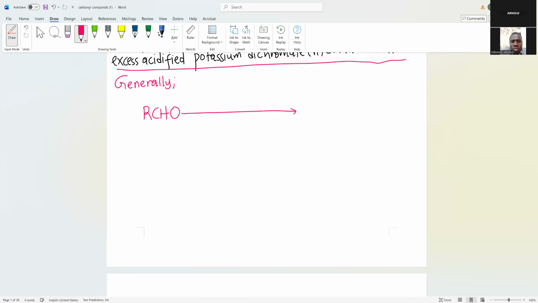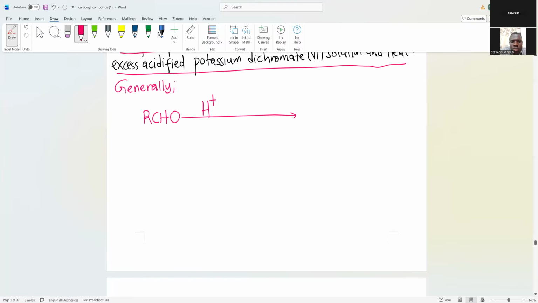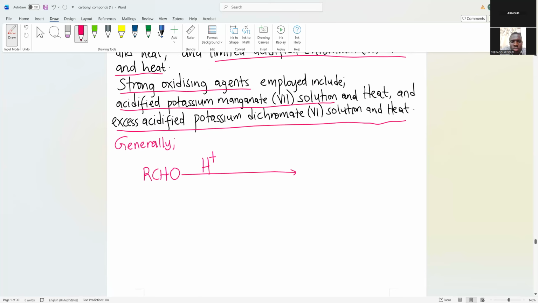These are the weak oxidizing agents I have highlighted, acidified. Now there is something which I need to highlight before we go any further. You may think of other acids, not the capital letters.